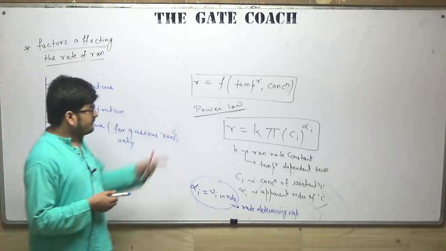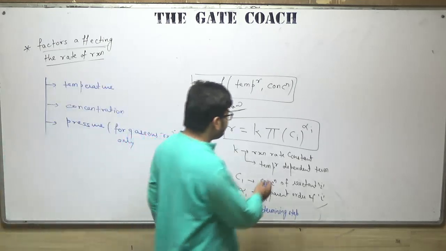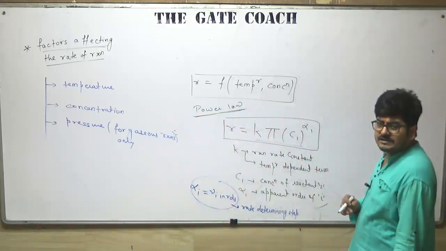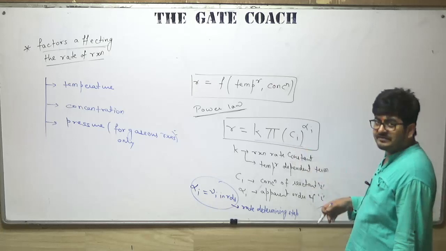And what is the meaning of the right hand side part? Left hand side is the rate of reaction, and all of us know what rate of reaction is, but what is the meaning of the right hand side part?